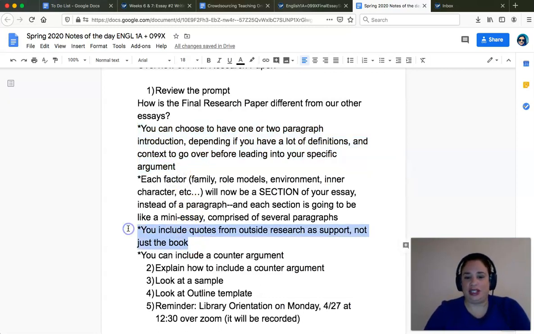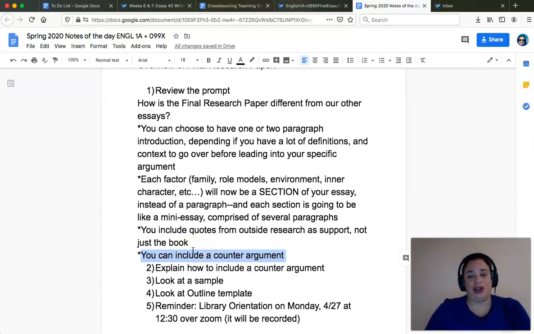The other difference is that you're not just picking quotes from the book or whatever, the article in the past. You are now being asked to go on your own and find research that you want to include. And the other thing that's a little bit different is you're now including a counter-argument if it's appropriate. So that is one way to get to a longer essay.